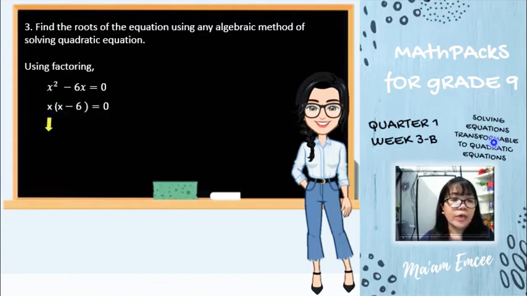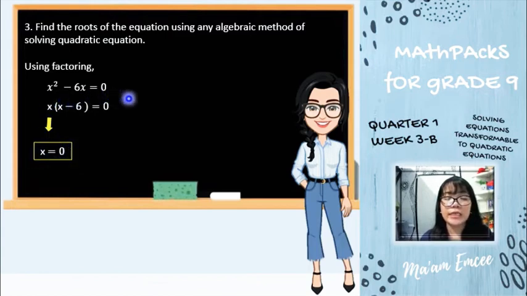Now, we equate each of the factors to 0. So we equate x to 0, so x is equal to 0. This is already one solution of your quadratic equation, x squared minus 6x is equal to 0. To get the other root, we need to equate x minus 6 to 0. So x minus 6 is equal to 0.